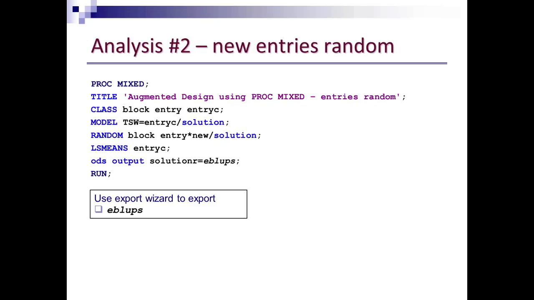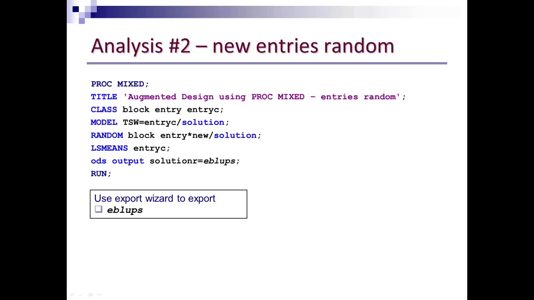In the random statement, we would include the two random components and also request a solution for the random effects. And then we would request means for our check entries.